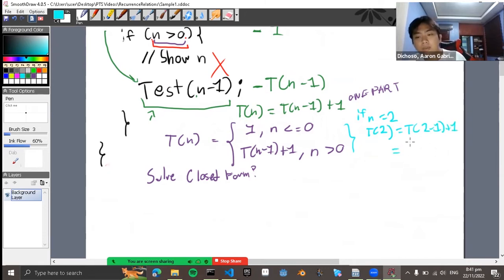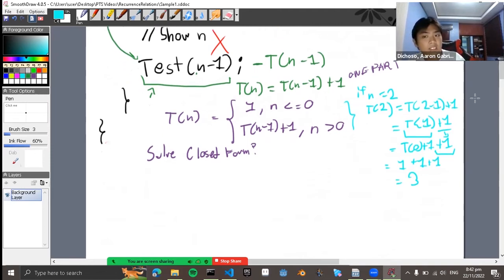Then it would become t of 1 plus 1. Now what is t of 1? T of 1 here is t of 0 plus 1, plus 1 from the previous equality. Now t of 0 here would then be equal to 1 plus 1 plus 1, which is 3.